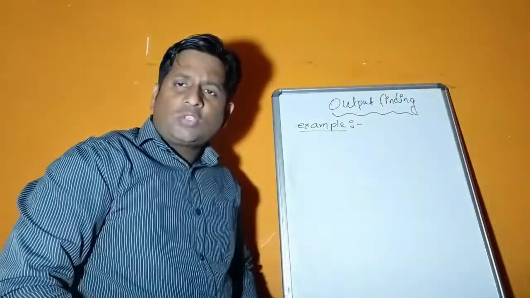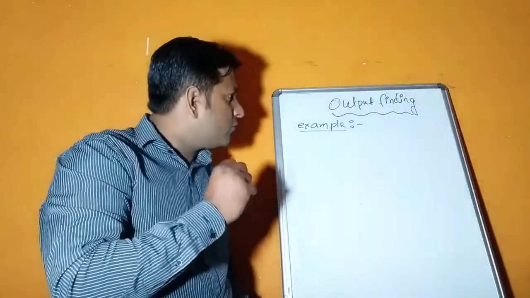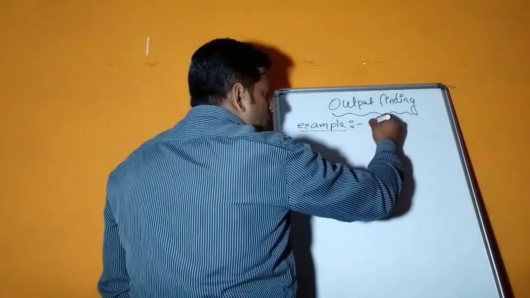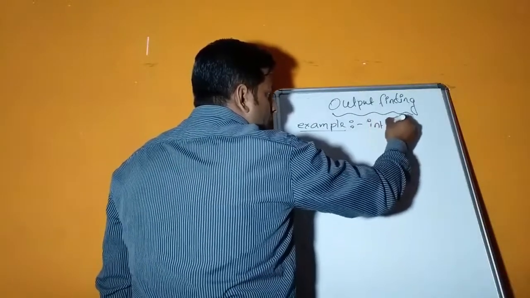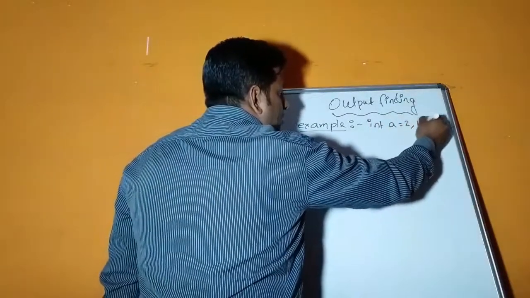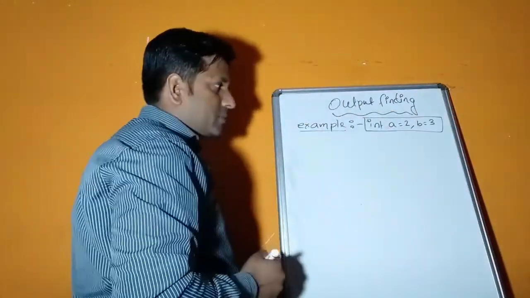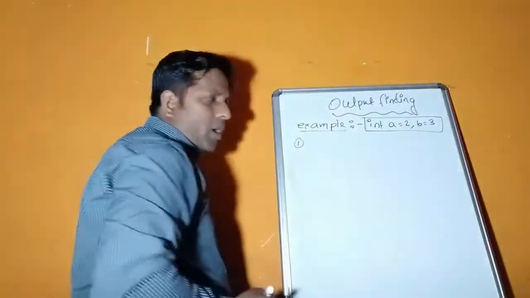Now see children, we'll be using this for finding output with 2 variables. So let us take int A is equal to 2 and B is equal to 3. 2 different variables. And let us write example 1.